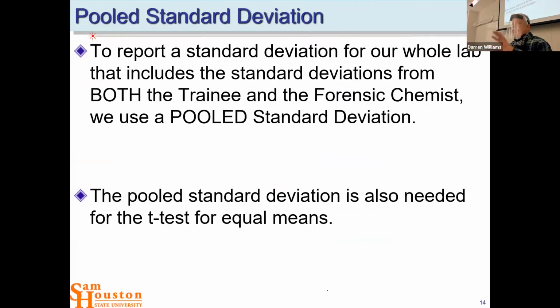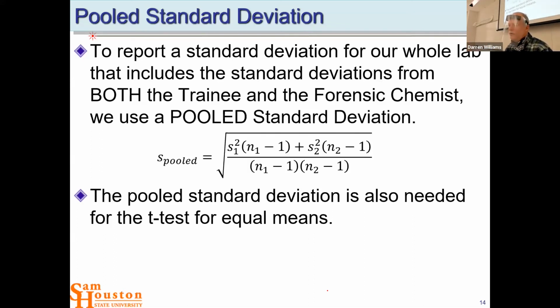To report the standard deviation for the whole lab, that includes the standard deviation from both the trainee and the forensic chemist. Let's say as a lab manager, I was happy with this, even though they're not excellent in terms of precision. I want to produce a standard deviation for the lab, so I need to pool those standard deviations. This would be the weighted average of the variances.